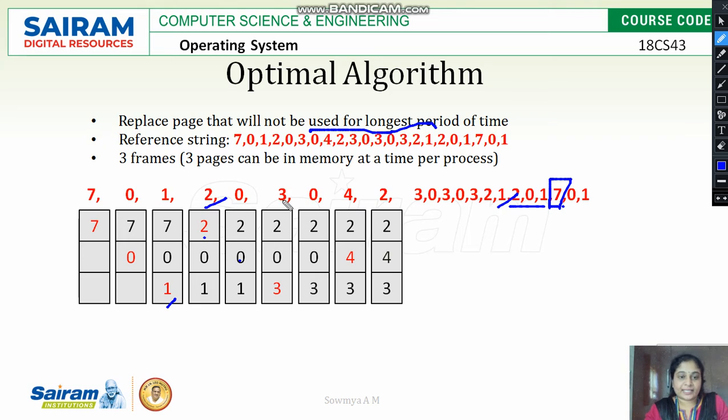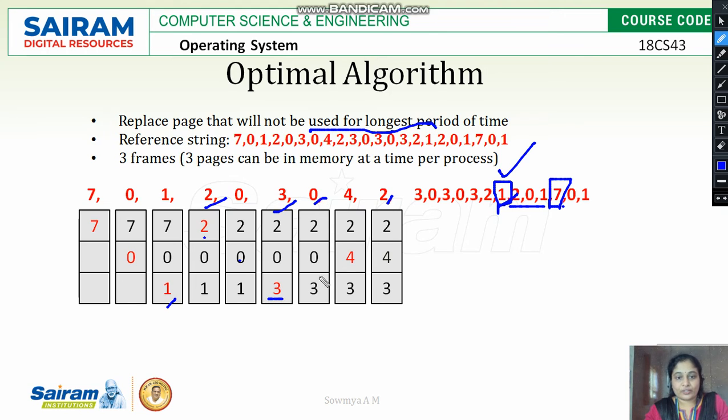Next comes page 3. 3 is not in the frames, so a page has to be replaced. Find the page which is used after the longest period of time. If I take 2, it is used here. If I take 0, it is used here. If I take 1, it is used somewhere here. So out of these, 1 is used after the longest period of time, so 1 is replaced with 3.